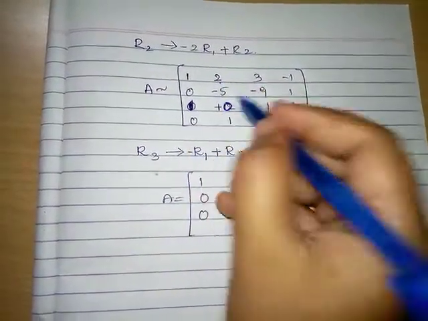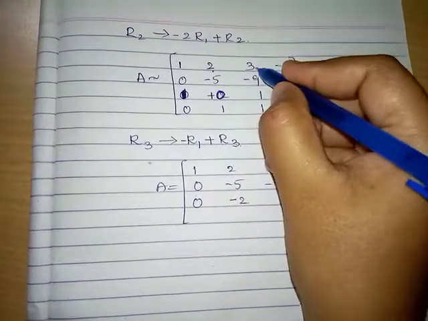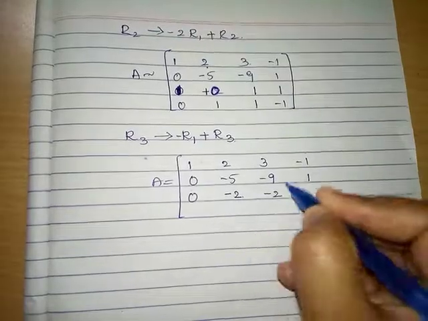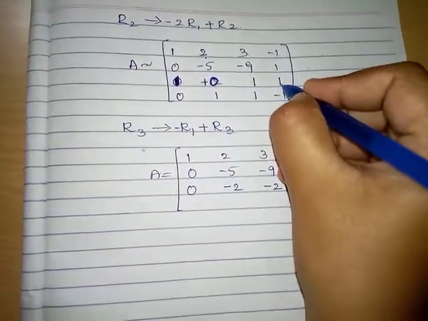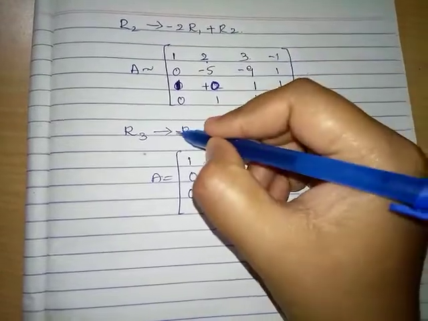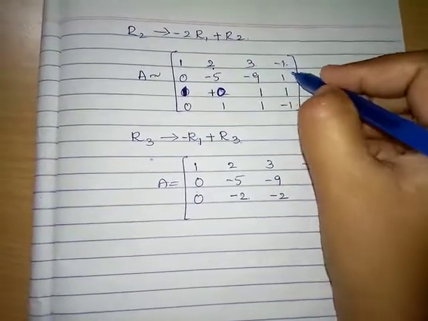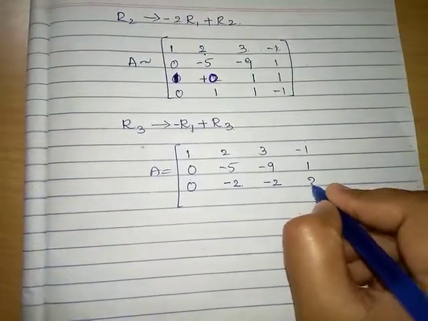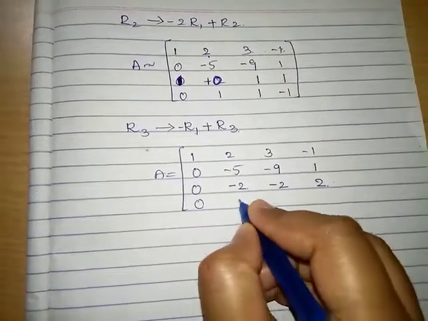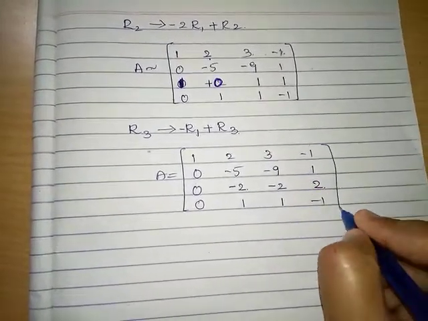Minus 2 plus 0 is minus 2. Next, minus R1 plus R3: minus 3 plus 1 is minus 2. Minus 1 plus 1: here minus into minus R1 means minus into minus 1, which is plus 1. 1 plus 1 is 2. The last row as it is, 0 1 1 minus 1.